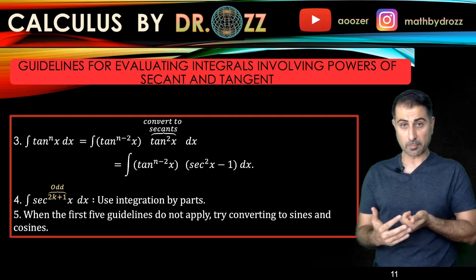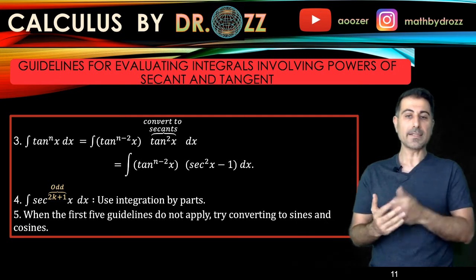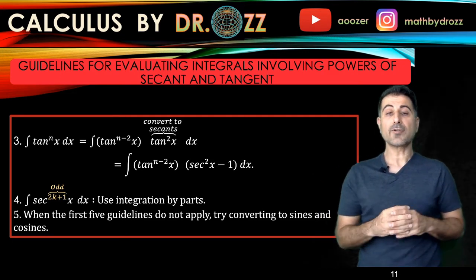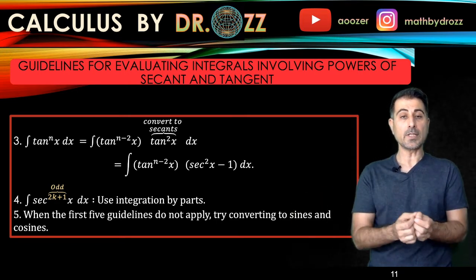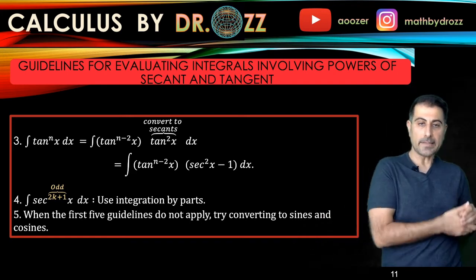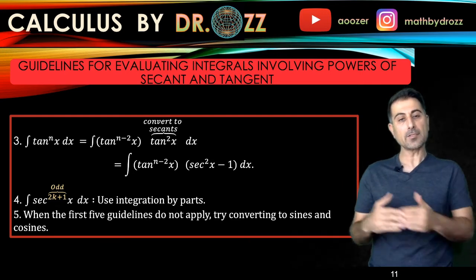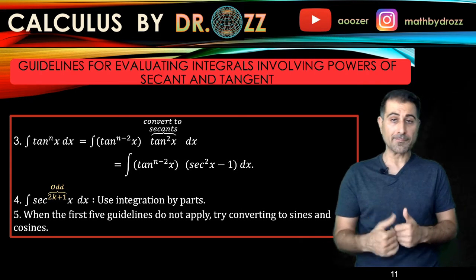When the first four guidelines do not apply, it says 5, but it's 4, then try converting to sines and cosines. If you're given tan and secant all together, use the definition of tan, which is sine over cosine, and secant, which is 1 over cosine, to simplify the integral, and then maybe you can go back to the guidelines for integrals involving sine and cosine.